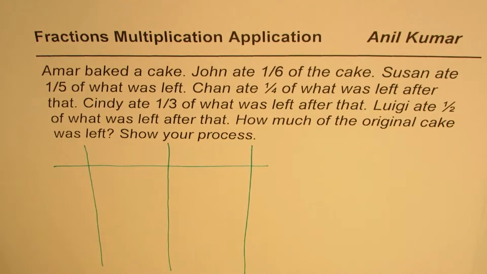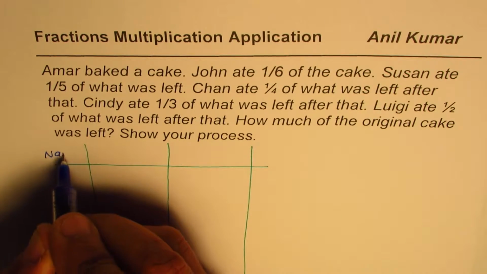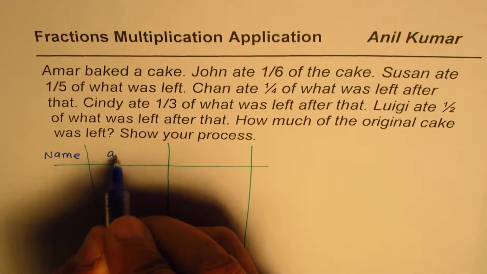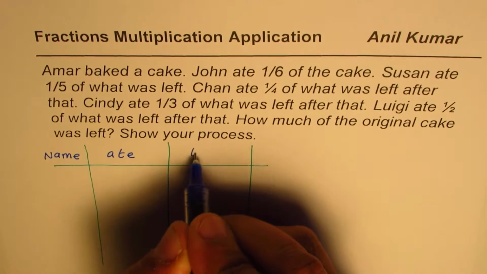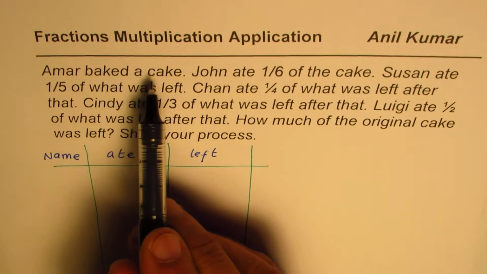So here we have 3 different columns. Let's write down the names in the leftmost column, and how much they ate and what was left. So we are saying left from the whole, starting point.